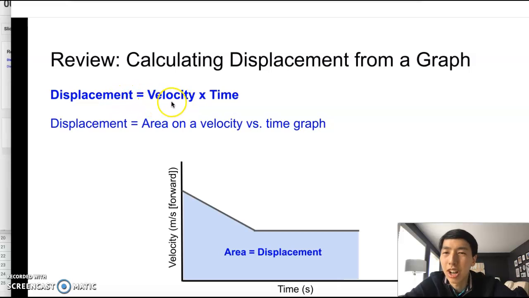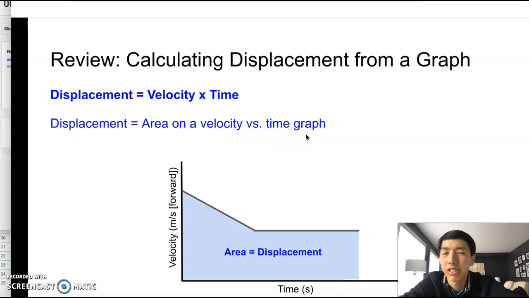And I told you that what you can do to calculate displacement is to calculate the area of a velocity versus time graph. Because this is velocity times time, it can be obtained by finding the area of a velocity versus time graph.